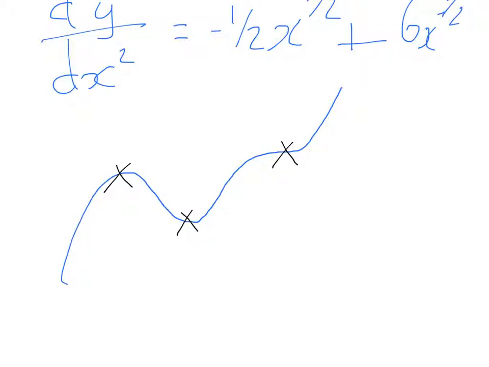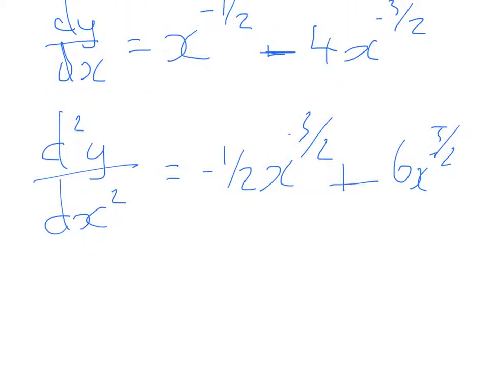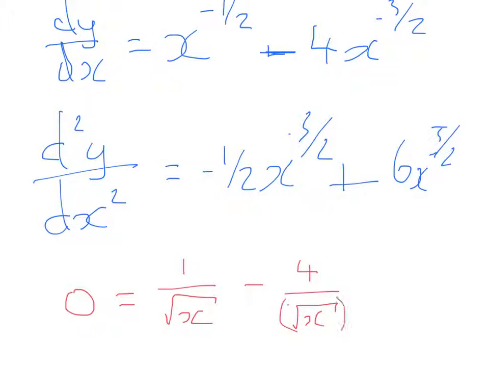What I'll do is I'll get rid of this first. Okay, I'll go in red now. So 0, dy dx equals x to the minus half, which is 1 over root x, minus, alright, what's this then? It's 4 over root x cubed.